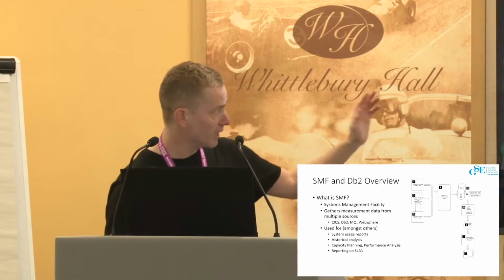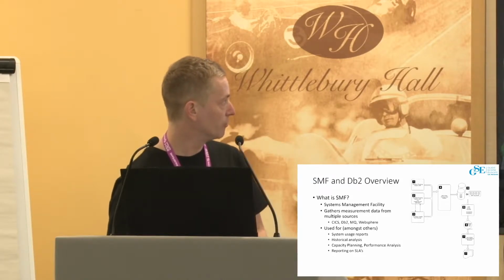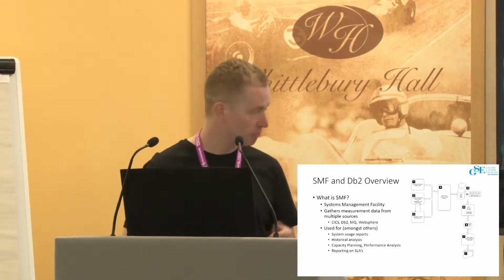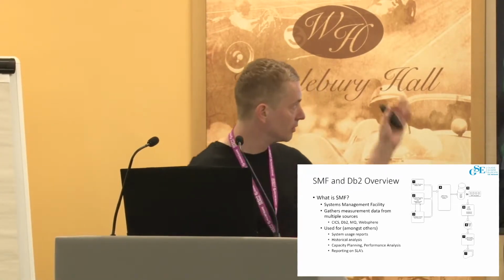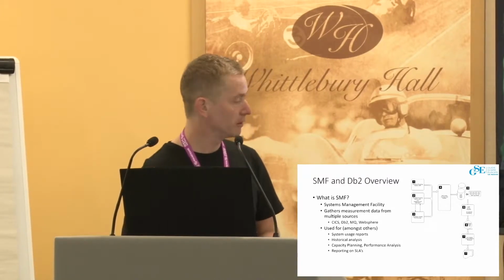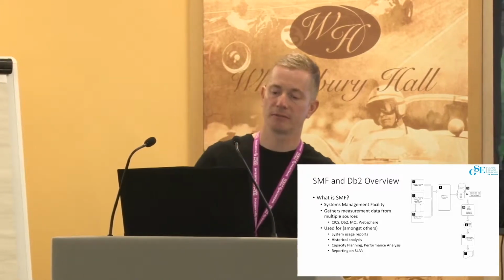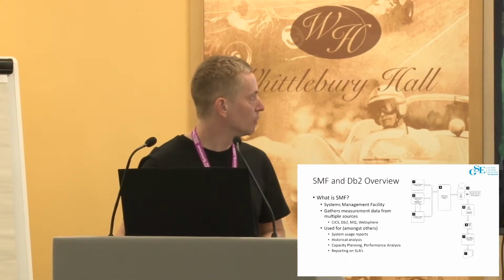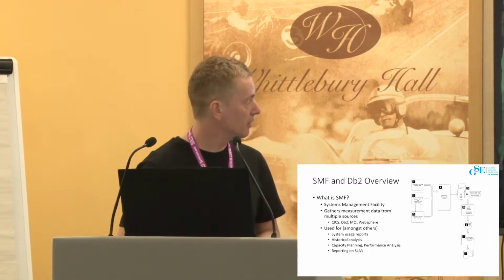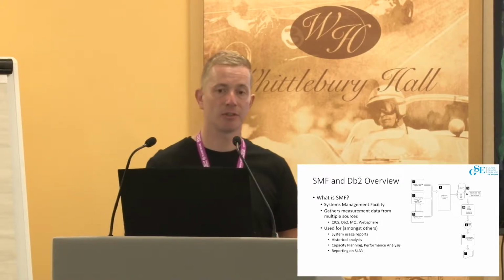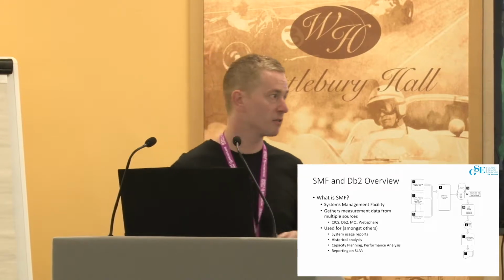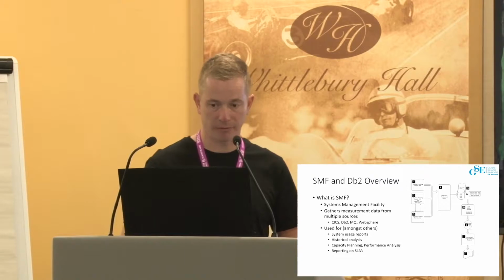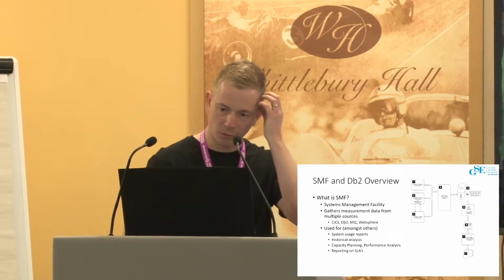The right-hand side basically is just the general flow of how I guess your shop will process its SMF data. On the left-hand side there, you've got the roads into it, your CICS transactions, DB2, which all go into the SMF buffers, and then split out into data sets if you're still using the old style SMF data sets, or you've got log streams, which are fairly new, and quite a lot of people are going along with that.